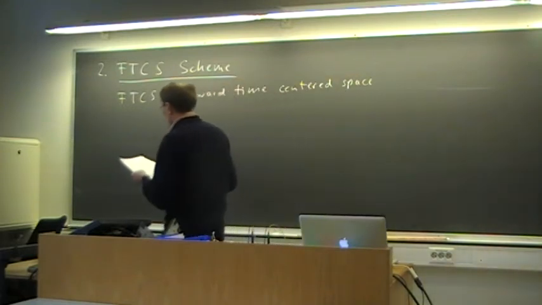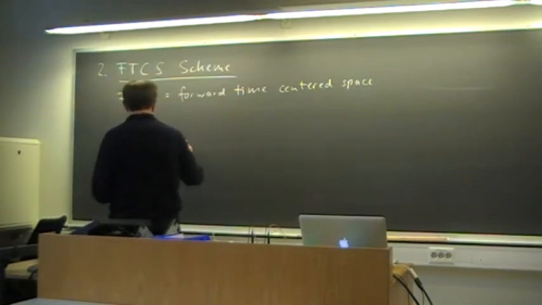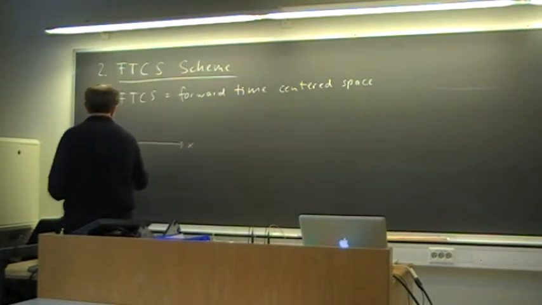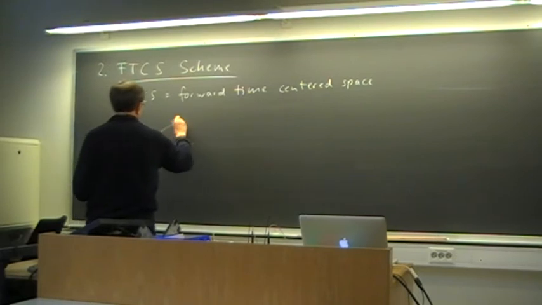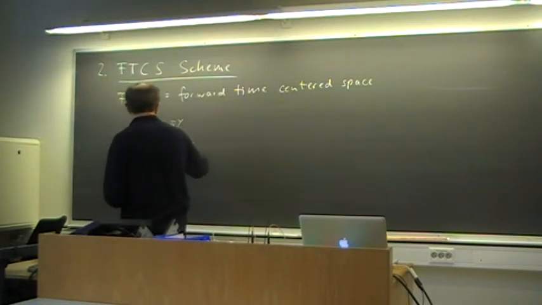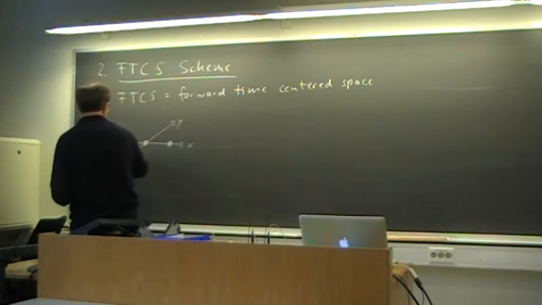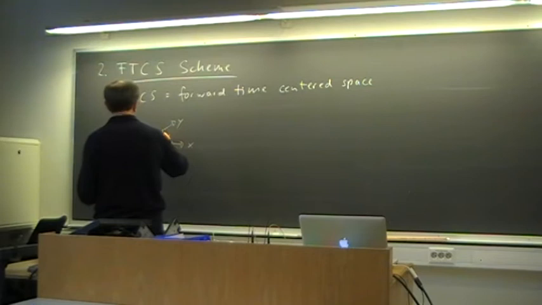What we do is, if we look in the perspective for the difference molecule, we have the x direction, we have the y direction, then we have a centered node, and that needs information from the two neighbors in the x direction and in the y direction.